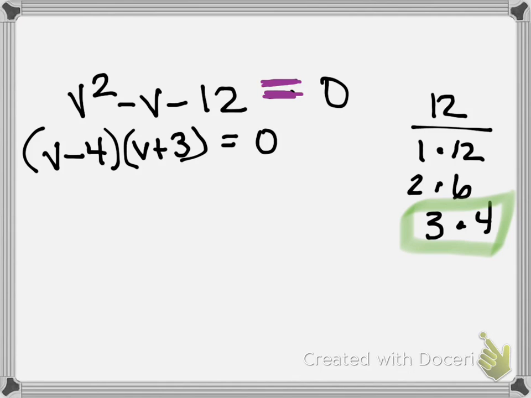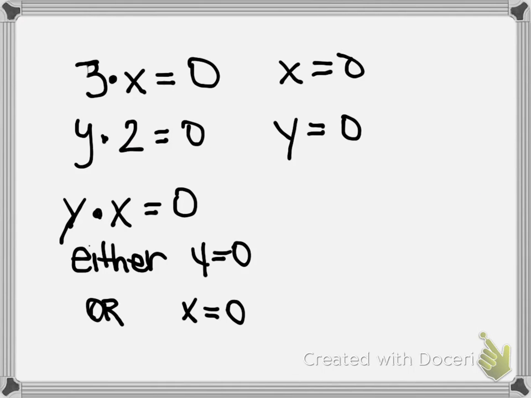Okay, so now you should be looking at this and you should notice that it's one piece times another piece equals 0. What did we just talk about? One piece times another piece equals 0.